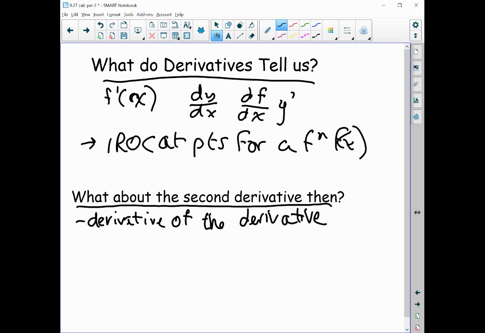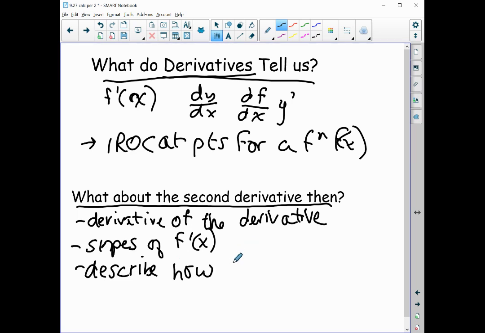So if the first derivative gives us slopes of f of x, the second derivative gives us slopes of f prime of x. It gives us the rate of change of the rate of change. In other words, it's going to describe how the slope is changing.